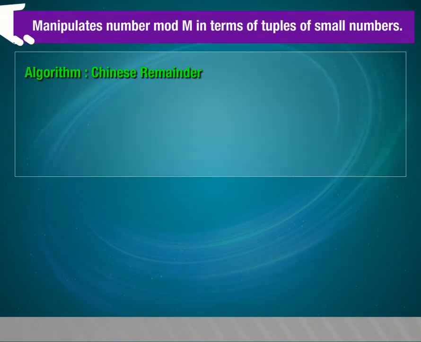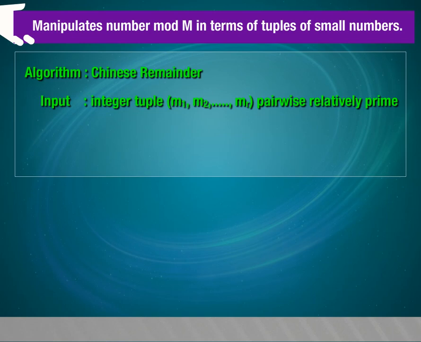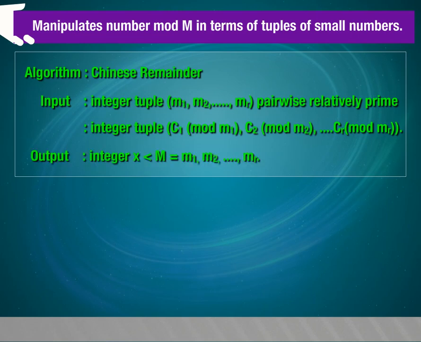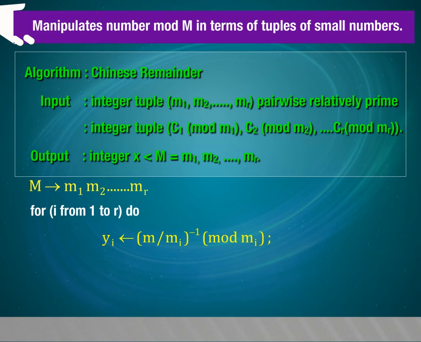Algorithm: Chinese remainder. Input: integer tuple m1, m2 and so on up to mr, pairwise relatively prime, and integer tuple c1 mod m1, c2 mod m2 and so on up to cr mod mr. Output: integer x less than m, where m is equal to m1, m2 and so on up to mr. M is equivalent to m1, m2 and so on up to mr. For i from 1 to r, do yi equivalent to the inverse of m by mi mod mi.